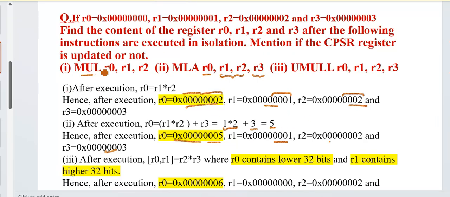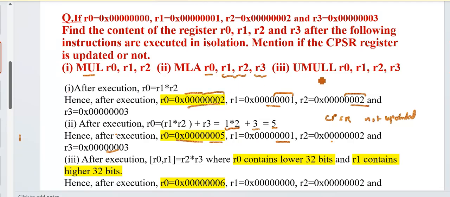But there is no S suffix here, and R0 is not equal to 0. So for these two instructions you can write that the CPSR is not updated, and that there is no suffix S, so the flags are not going to change. For MUL as well, the CPSR is not updated.